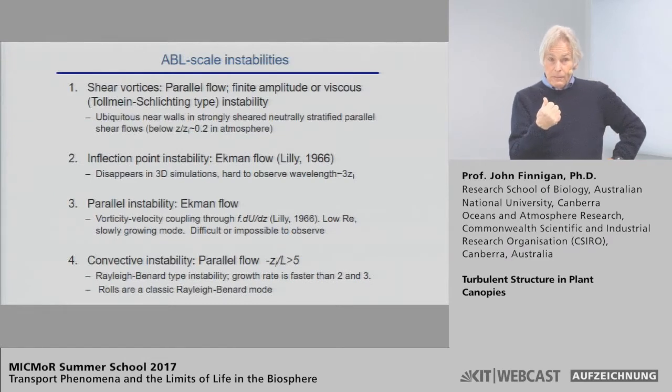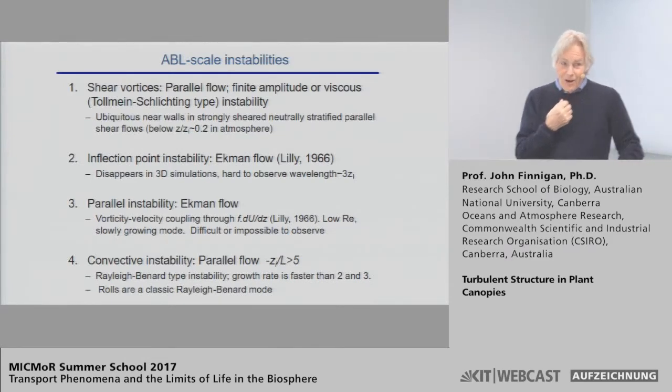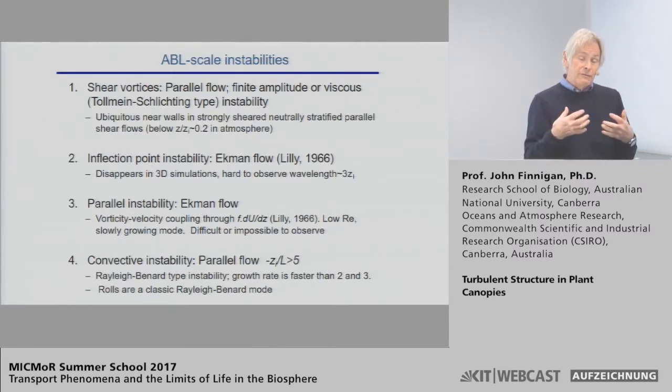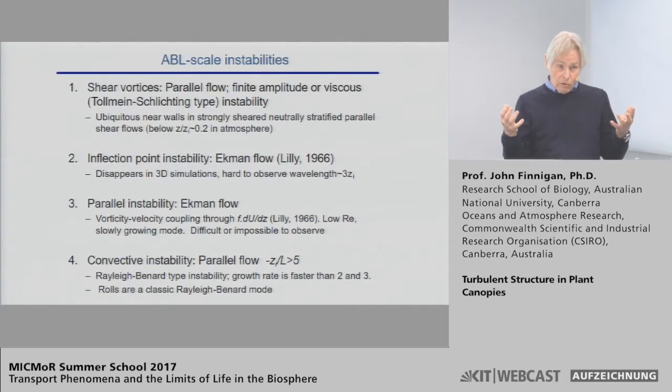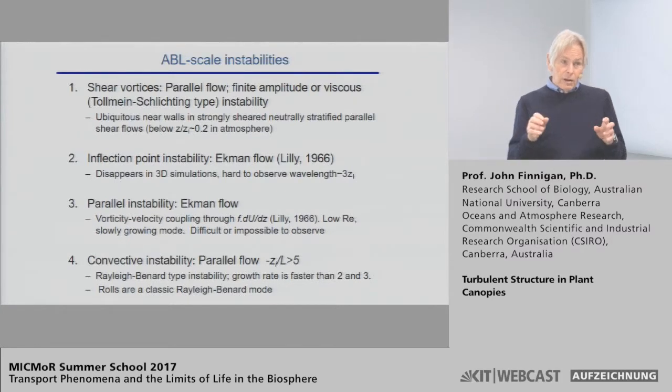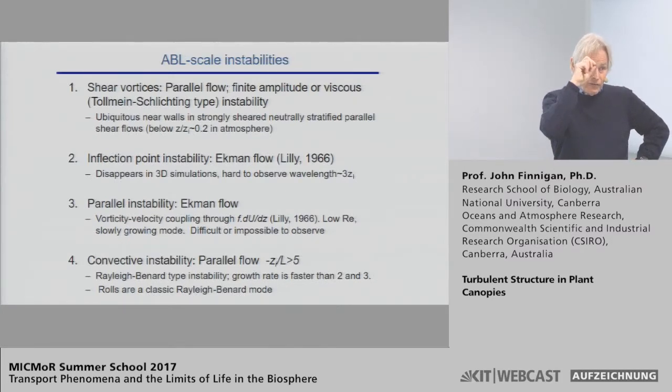Well, that's not true. In fact, you don't get exponentially growing disturbances unless you have viscosity, but you can in fact get disturbances which grow algebraically. And this is called finite amplitude instability theory. So it doesn't depend on infinitesimal disturbances.